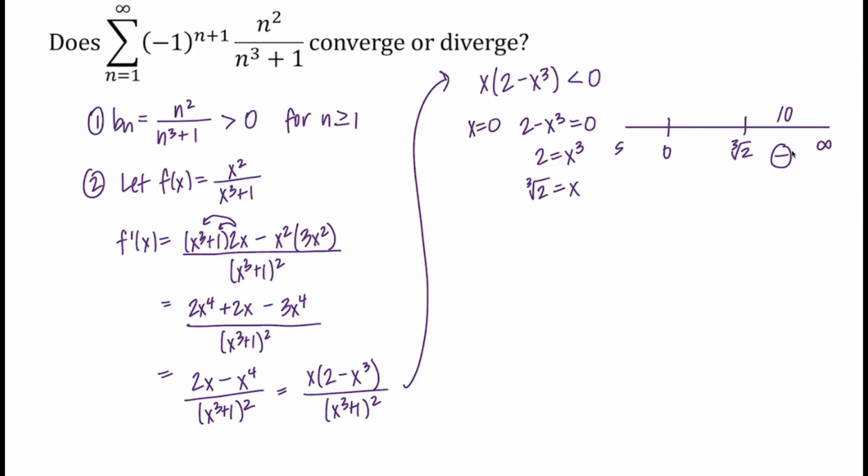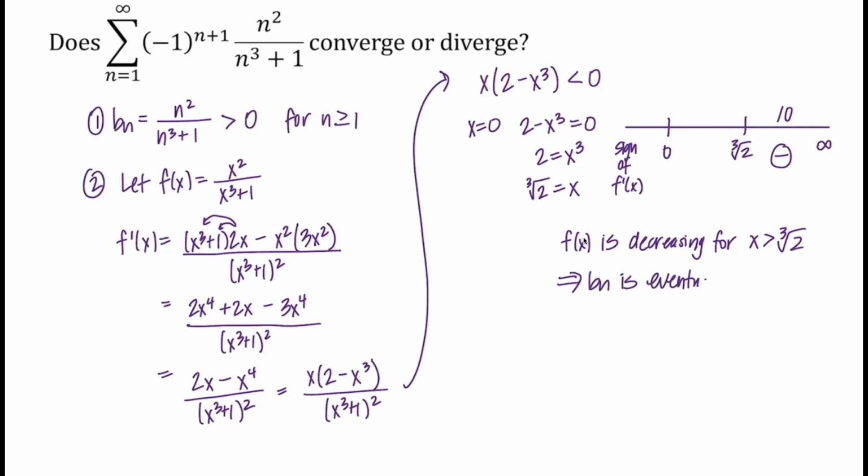And we were checking the sign of f prime of x there. So the sign of f prime of x is negative. What that means is that f of x is decreasing for x values greater than the cube root of 2. So that implies that b sub n is eventually decreasing.